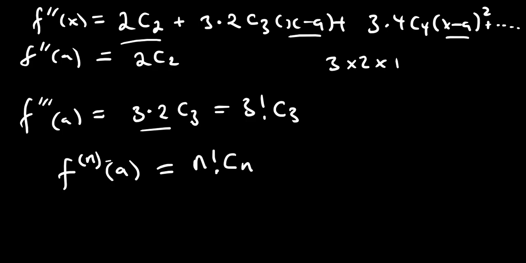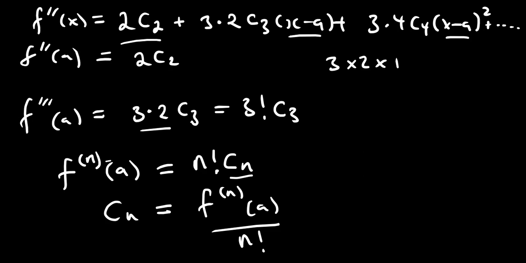So it's going to give me this general form, where cn is just the constant, or the coefficient of the series. Now if I divide by n factorial on both sides, I remain with cn equal to f^(n)(a) divided by n factorial. This is what I'm going to get: the coefficient.